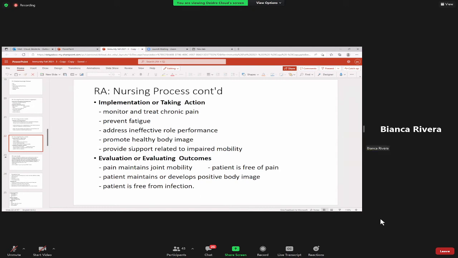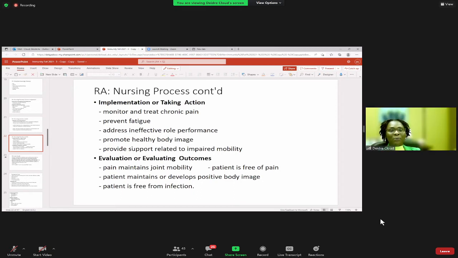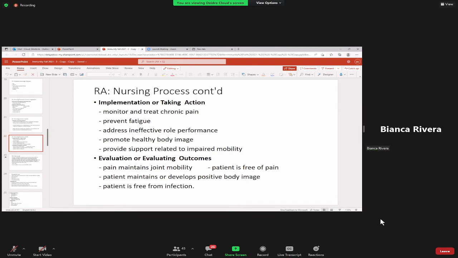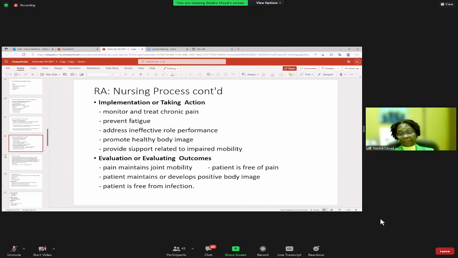GI stuff, like PPIs if they're on NSAIDs. So if you treat pain, you have to evaluate if you have the desired outcome. Would these patients not be on a PPI if they're on NSAIDs regularly? They could be, or we could just tell them to eat before taking their medicines. NSAIDs can be taken with a PPI. It won't hurt.